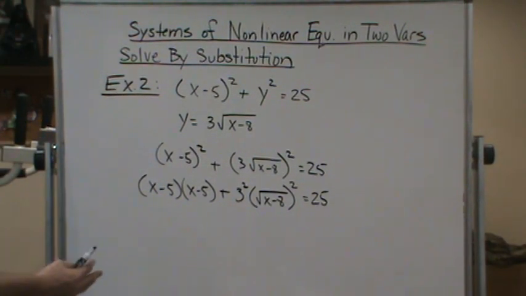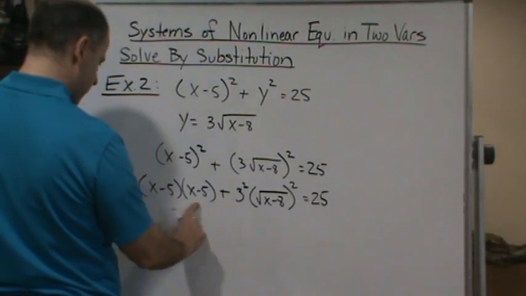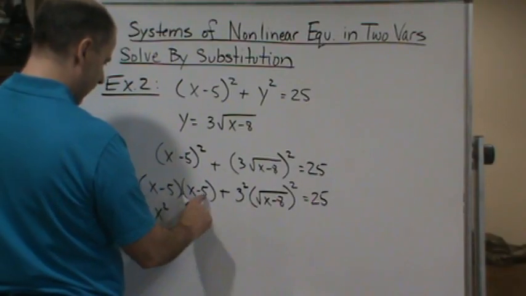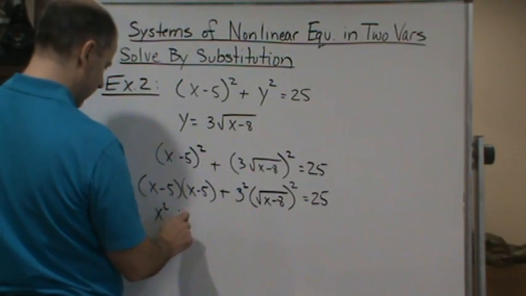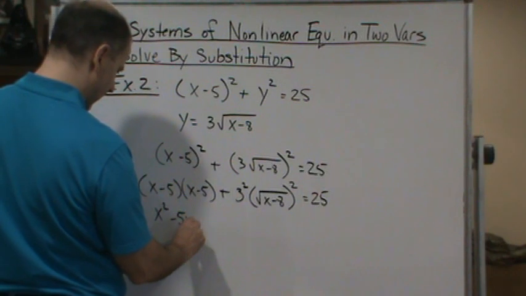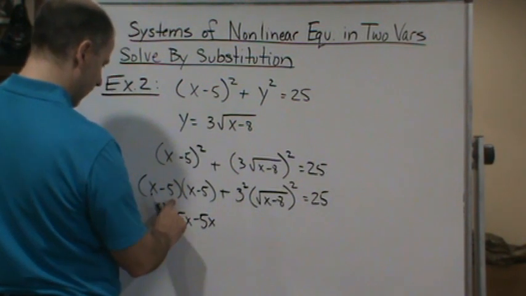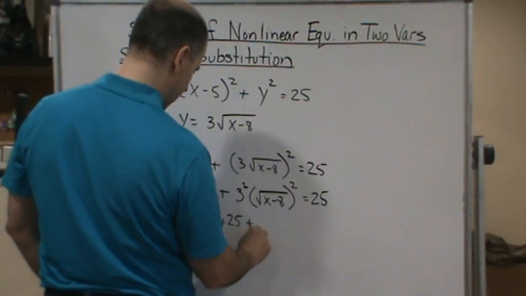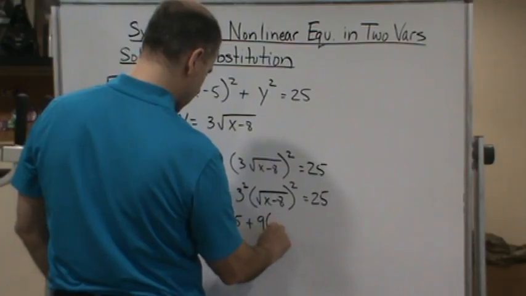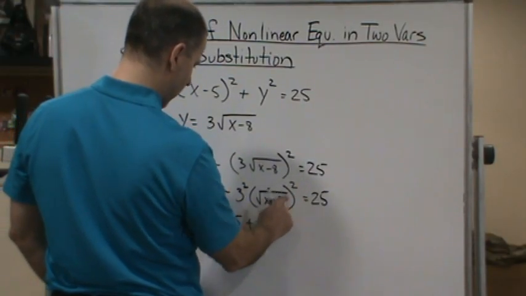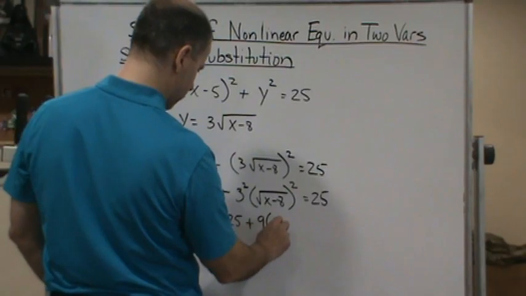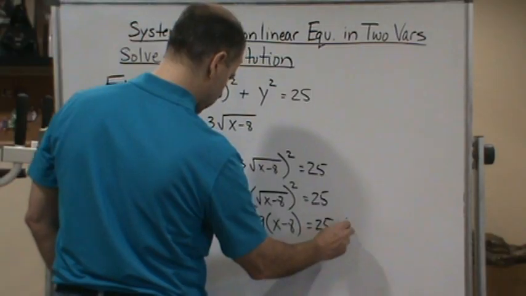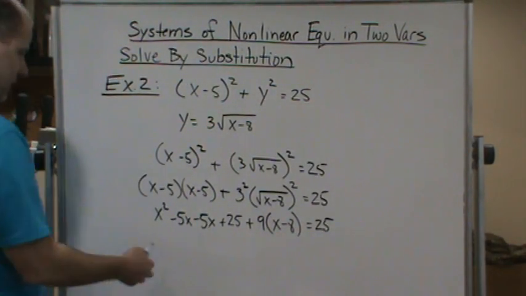Okay? So now I'm going to distribute this out. x times x gives me x², and I'm going to get negative 5x and another negative 5x, so minus 5x minus 5x, and then plus 25. Now this is going to give me plus 9 times what? This is squared, so it undoes the square root, and I get x − 8, equal to 25. Now right away we can simplify things.